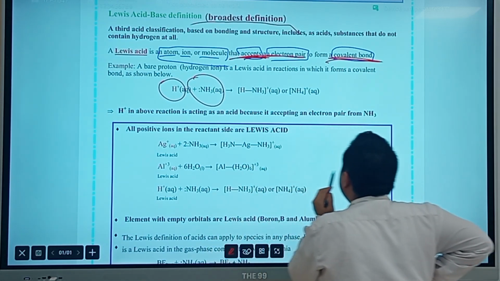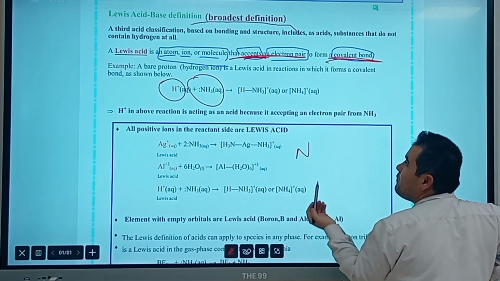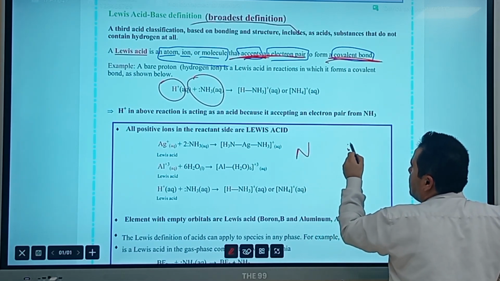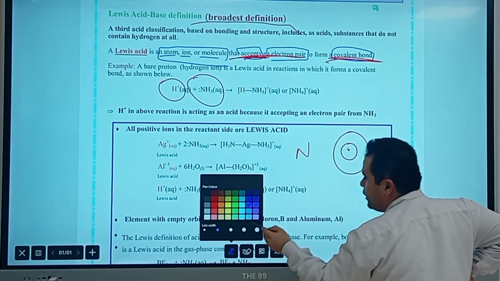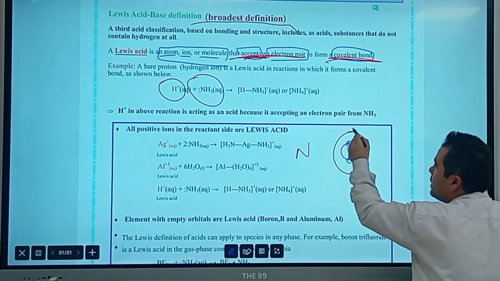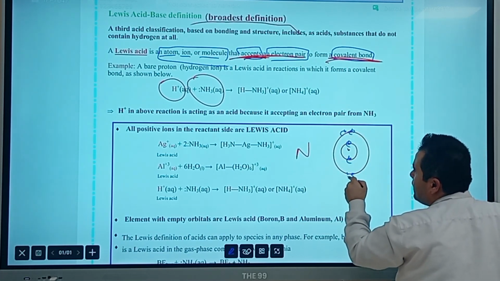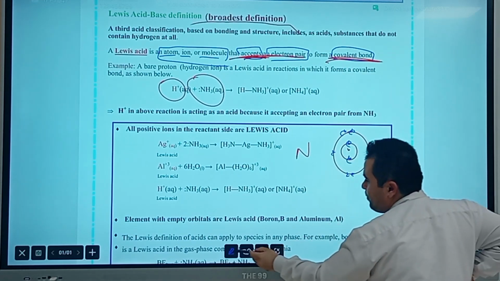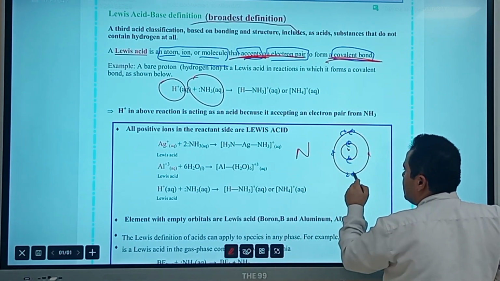Guys, the nitrogen has seven electrons. Two of the electrons are in the inner shell, and the remaining 5 electrons are in the outer shell.